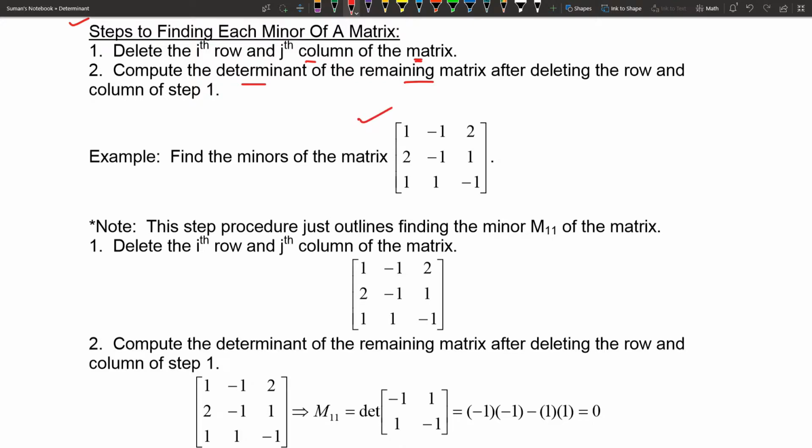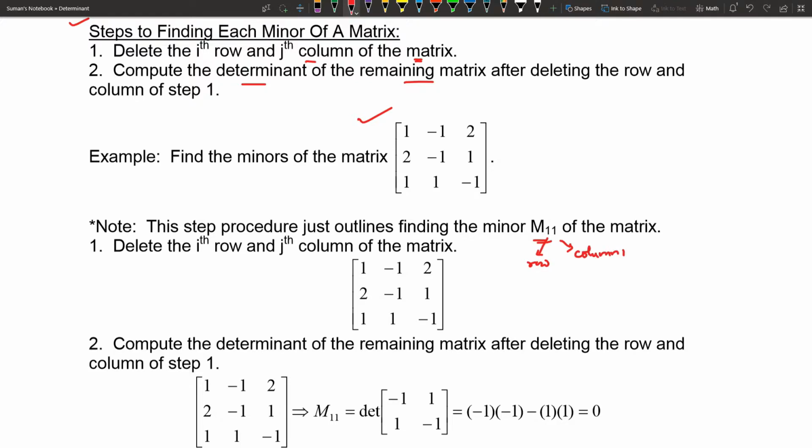Let that be the matrix given: row 1 is minus 1, 2, 2; then minus 1, 1, 1; then 1, 1, minus 1. Let us first find the minor M11. M11 means the position of row 1 and column 1.